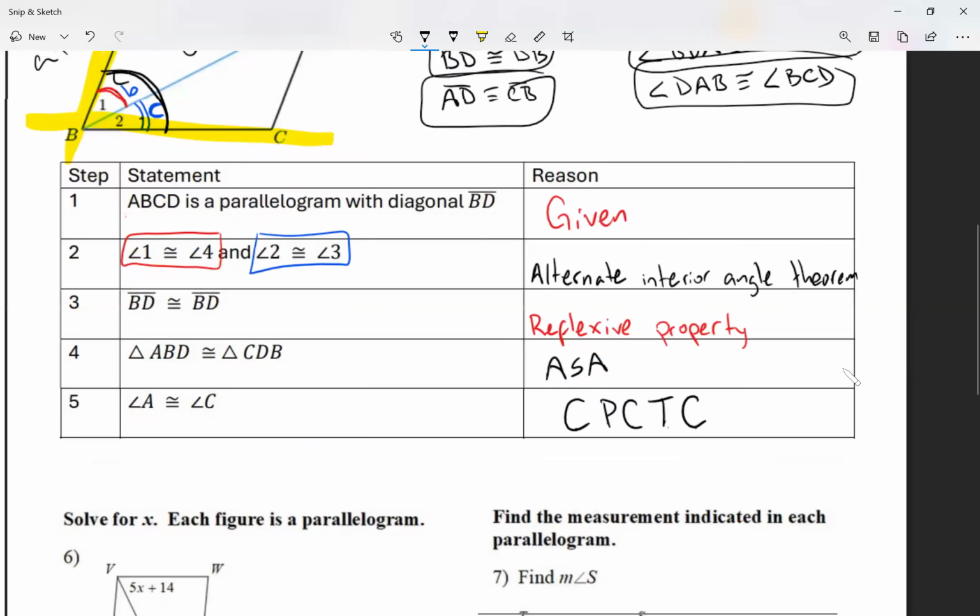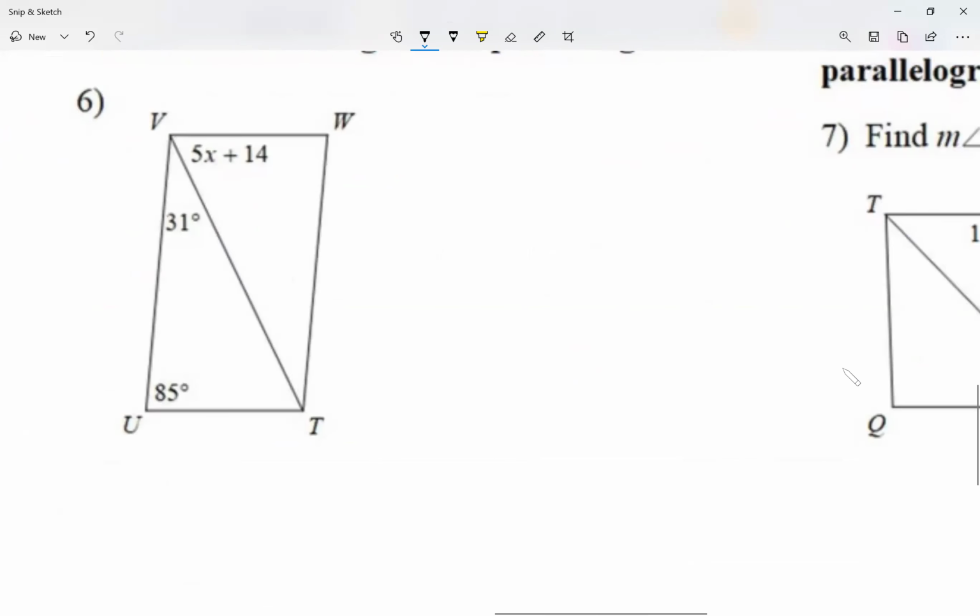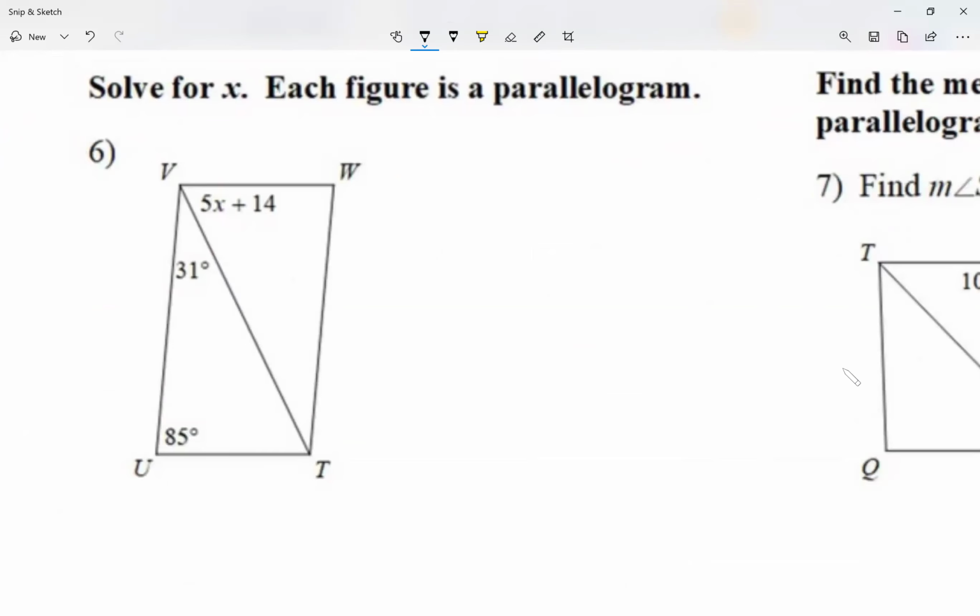Having that said, let's take a look at question number 6. It says solve for x. Each figure is a parallelogram. But didn't I just say that if you add two adjacent angles, two angles that are next to each other, it's equal to 180? So that's exactly what I'm going to do here.